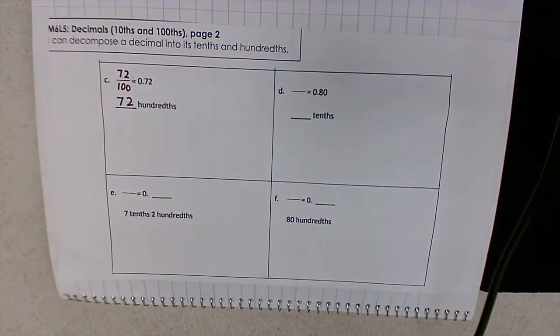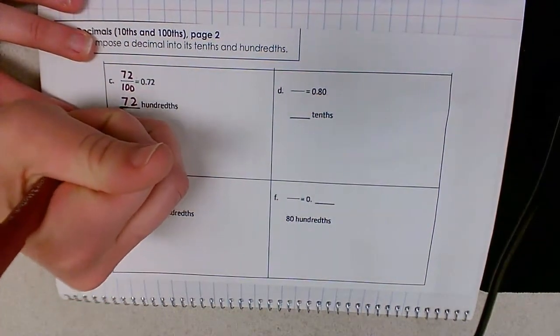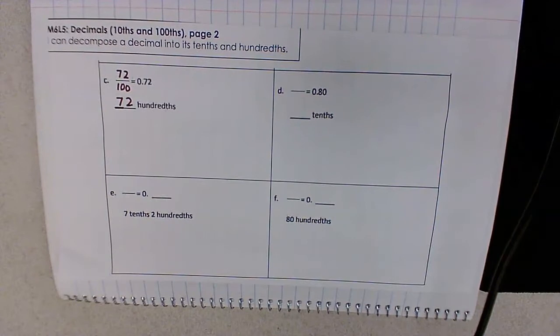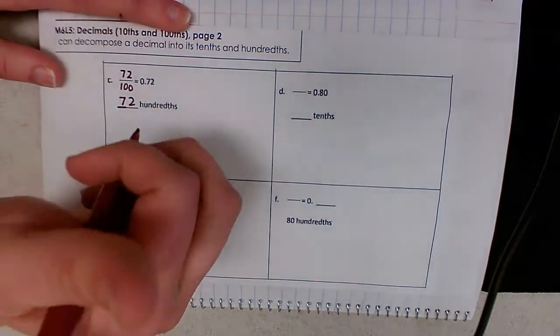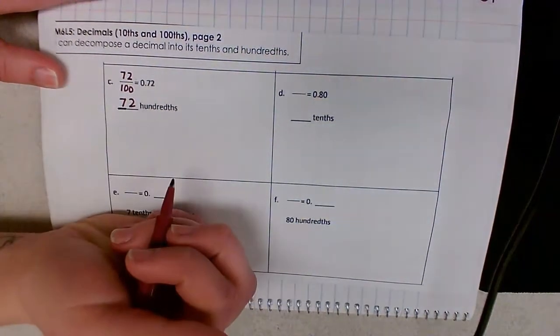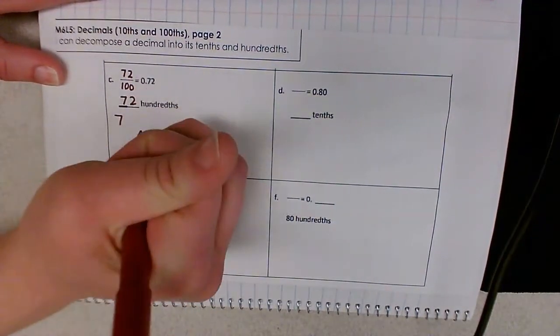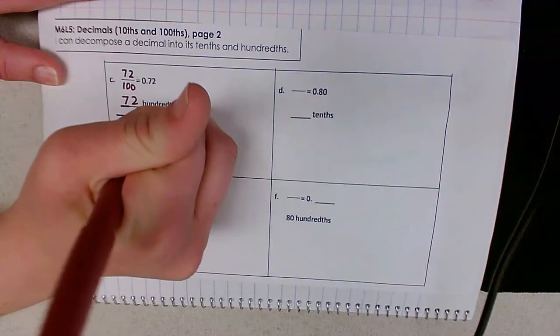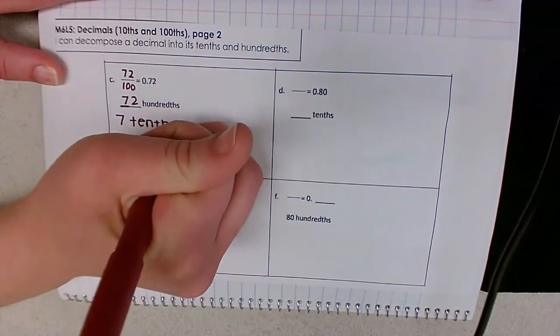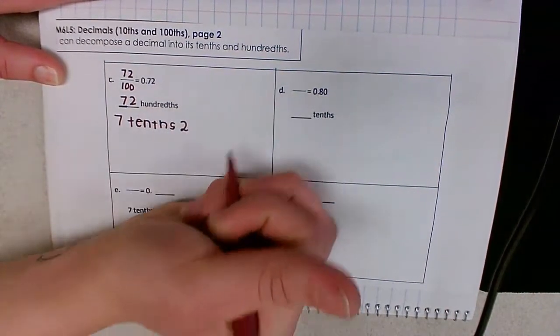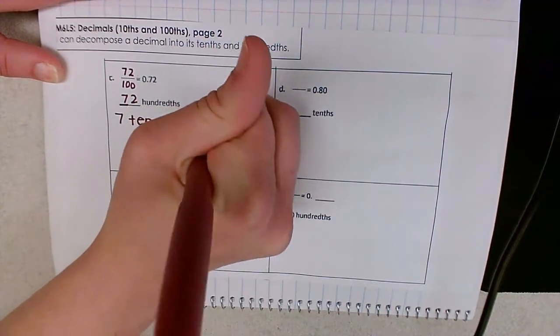What I've learned on the last page, though, is that if I have tens of hundredths, this number right here, this 7, actually tells me how many tenths I have. 72 hundredths would be the same as saying I have 7 tenths and 2 hundredths.